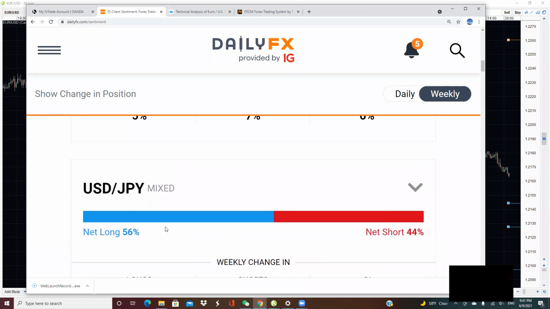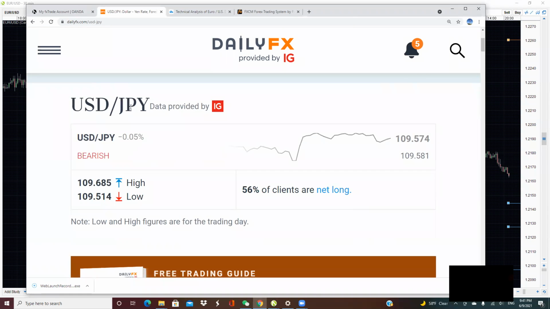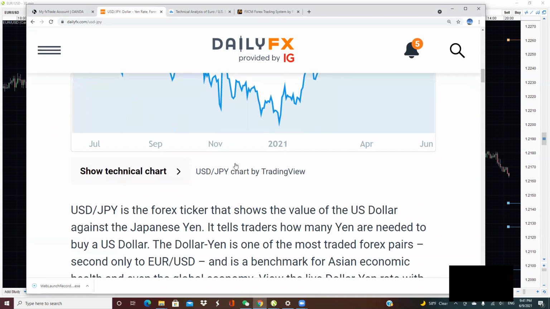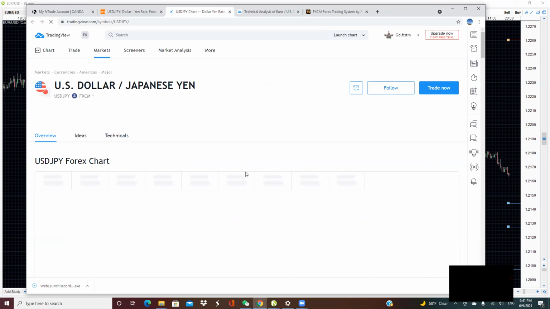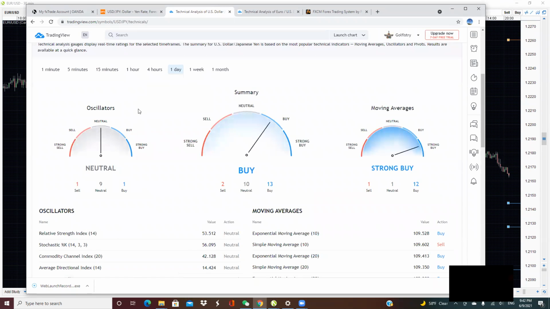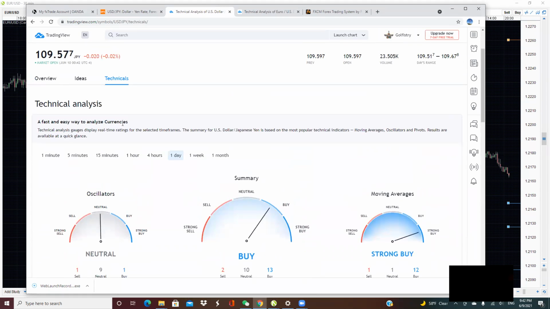It doesn't really matter. And then another way to verify the trend through technical terms, you can click on this one, US dollar, JPY, scroll down, USD JPY chart by TradingView. So I click on that, hit technicals, and this is a technical analysis.